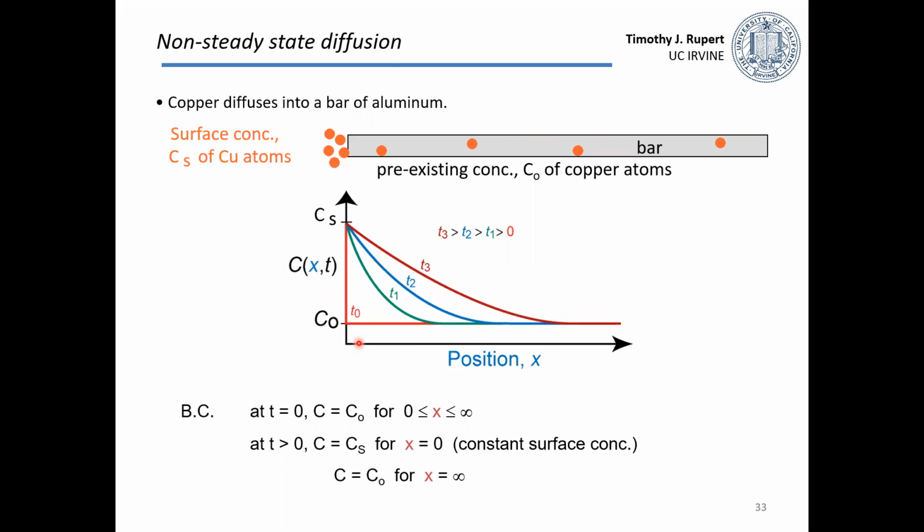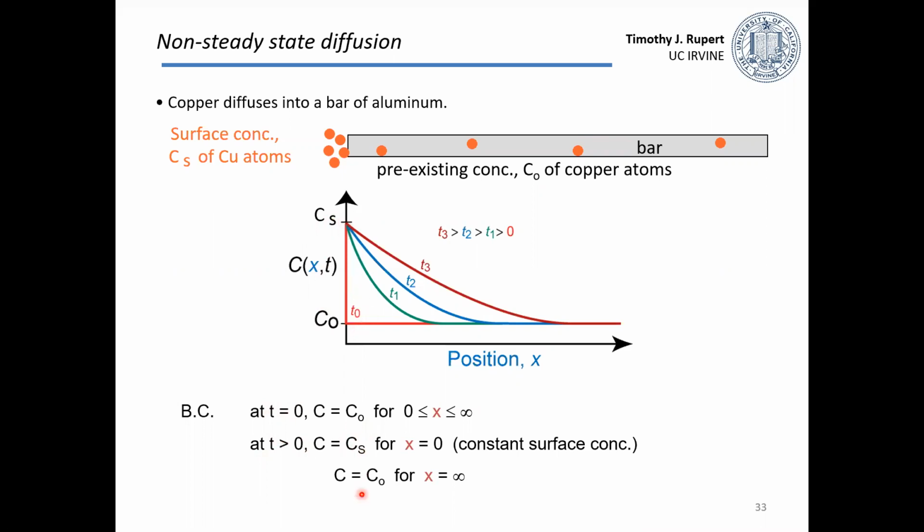One thing that's important is to be able to describe what our boundary conditions are. So at time equals 0, the concentration in our sample here is going to be C naught for x from 0 to infinity. To the left of this, it's going to be that C surface, okay? And then for time greater than 0, the concentration is going to be that CS at x equals 0.